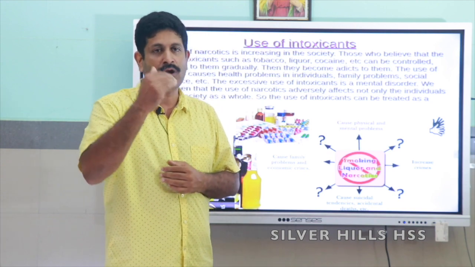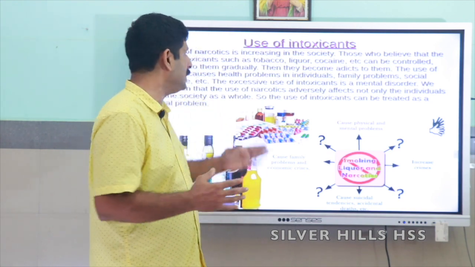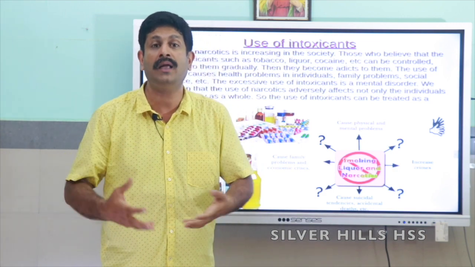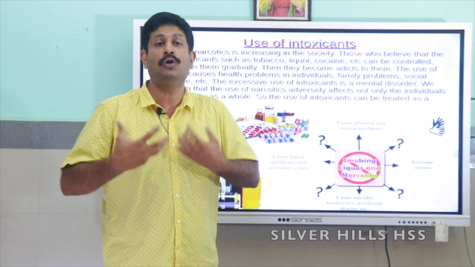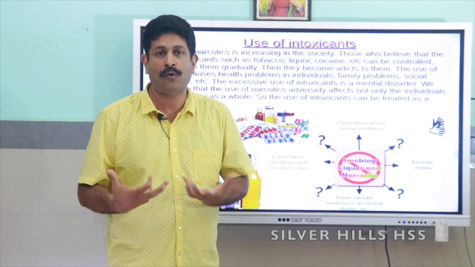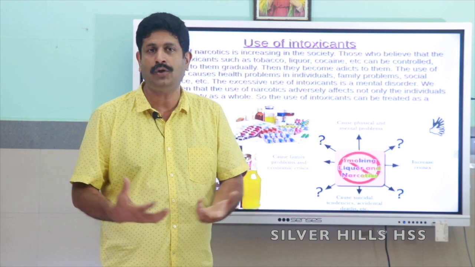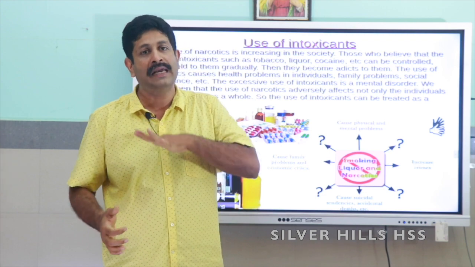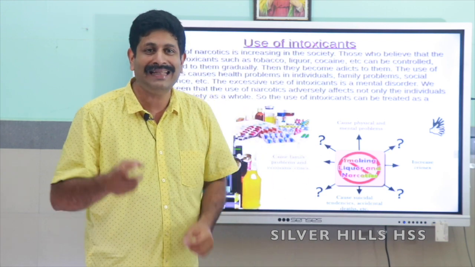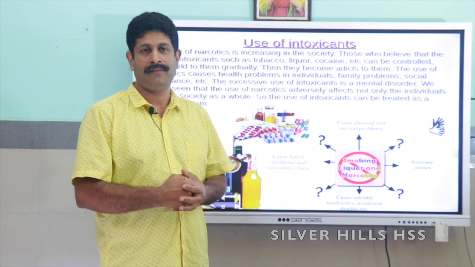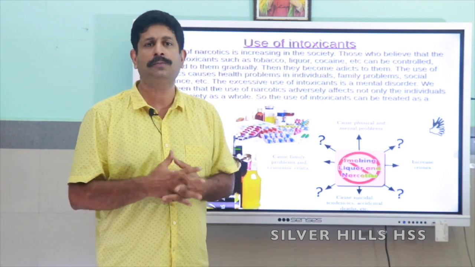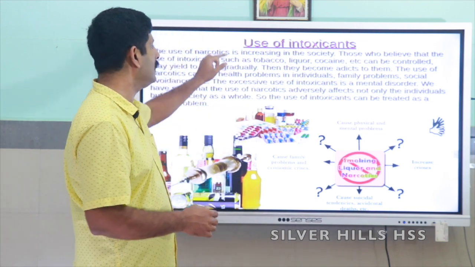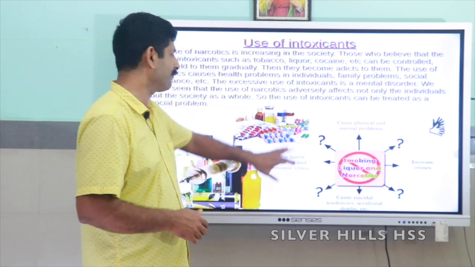A person using intoxicating substances wants more and more money to purchase these things, and for that he goes for illegal ways to get the money and the stuff, and it creates a huge problem for society. That is why this is also an important problem that we call intoxication.